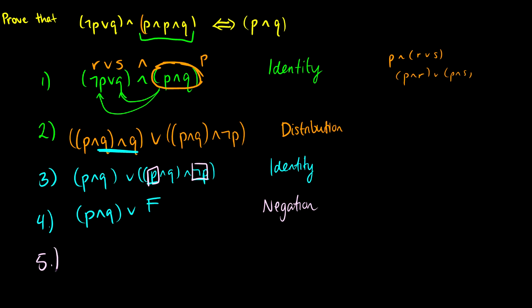And then step 5, we have P and Q or false, and we know this simplifies to just P and Q. Because if we have something that could be true or something that's always false, it always is going to take the upper value. So that's always going to take the upper value of P and Q. So that's the second question. We have successfully reduced this thing on the left to this thing on the right.